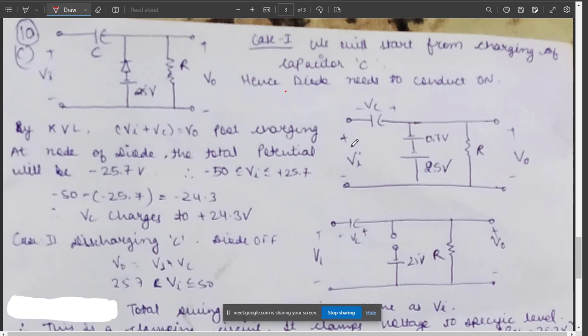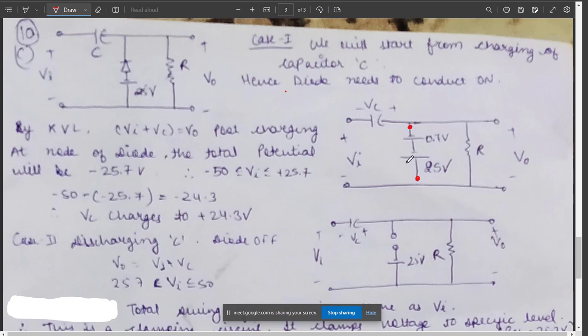Look at the polarity here. This is minus, plus Vi, and this is minus. So Vi and Vc are in the same polarity. This R and this are in parallel, so plus Vo can be taken here too.